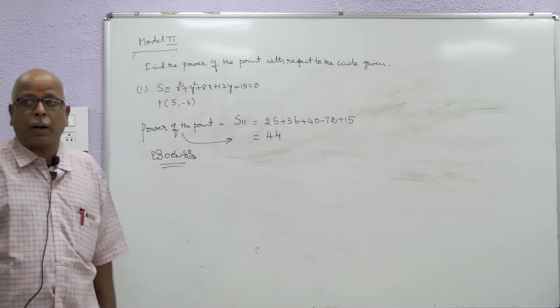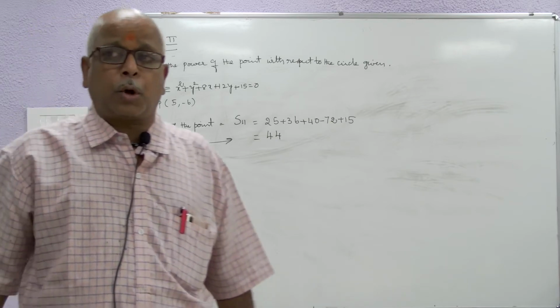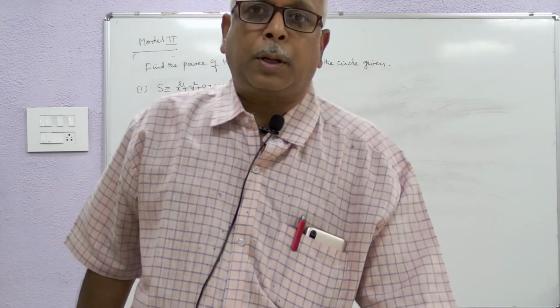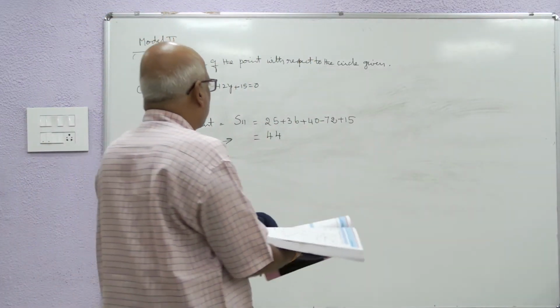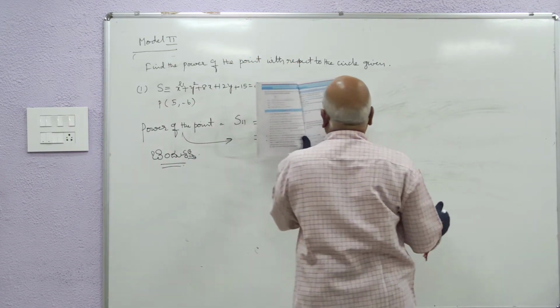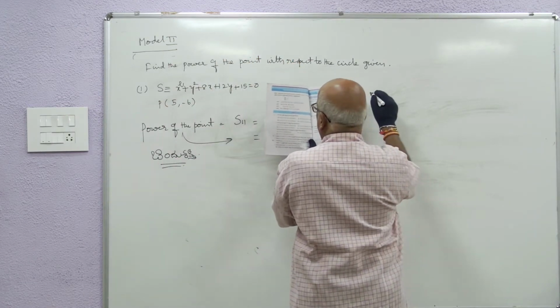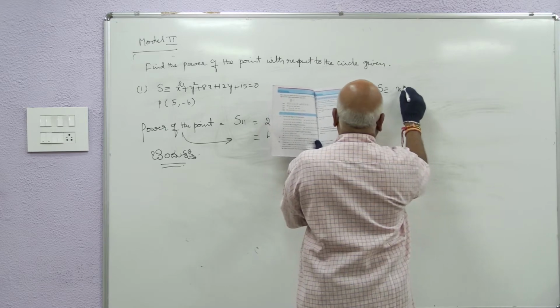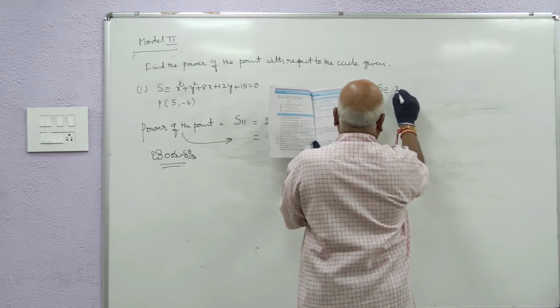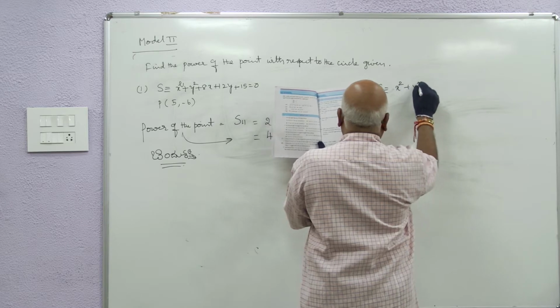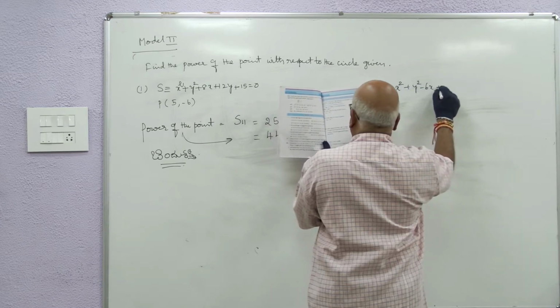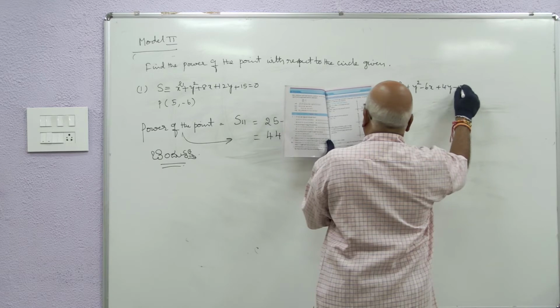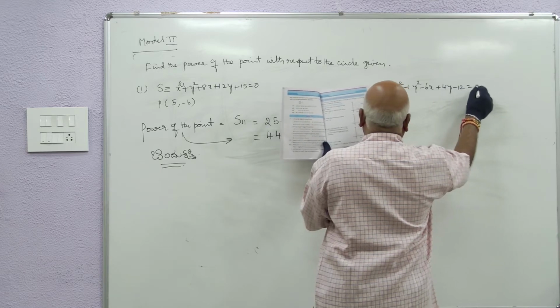Power of the point. In this model, you can take up 2 problems as homework or assignment, whatever the name that you may take, but the task is to solve the problem. X square plus y square minus 6x plus 4y minus 12 equal to 0.